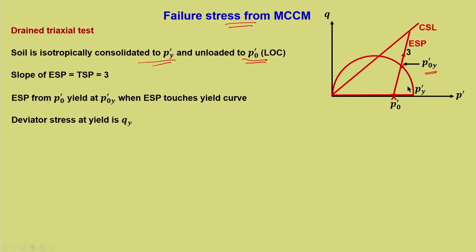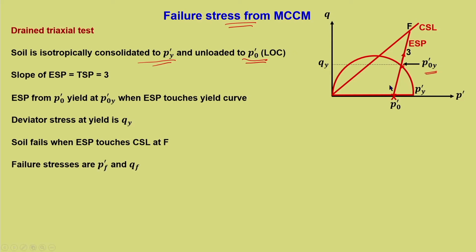Deviatoric stress at yield is Qy. So that Qy is given. Soil fails when ESP touches CSL at F. So this is the point F. Failure stresses are P dash F and QF. So all these can be determined, like we can determine Qy and P naught dash y. P naught dash y is written because the initial point is P naught dash, and the failure stress QF and P dash F all can be determined.